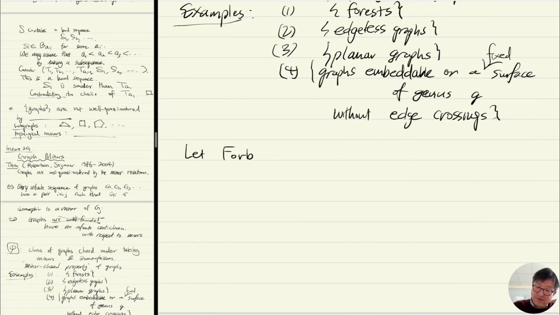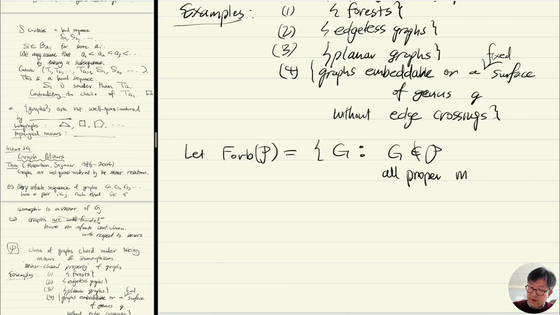For a minor-closed class P, consider the set of graphs such that G is not in P, but all proper minors of G are in P. Those are the minor-minimal graphs not in P.